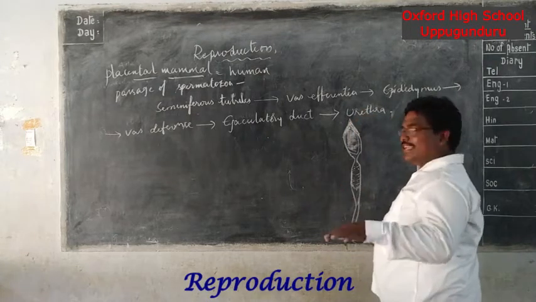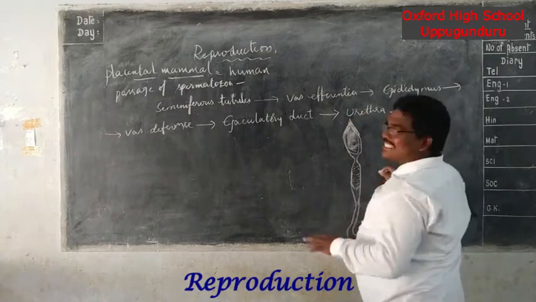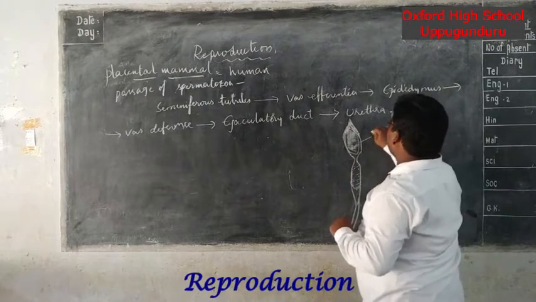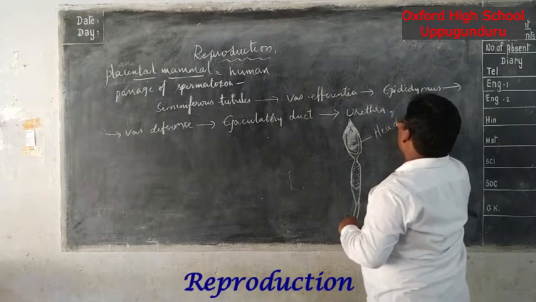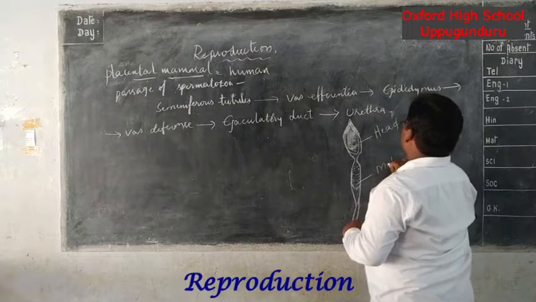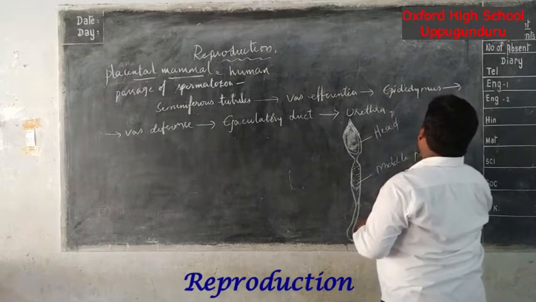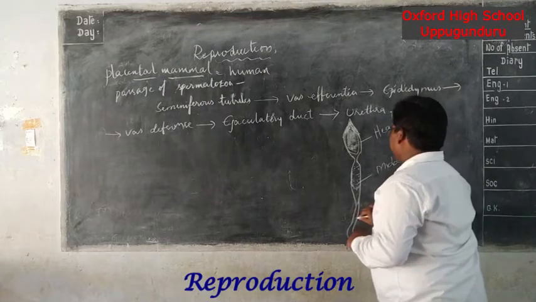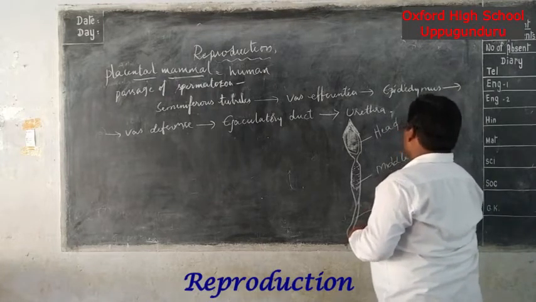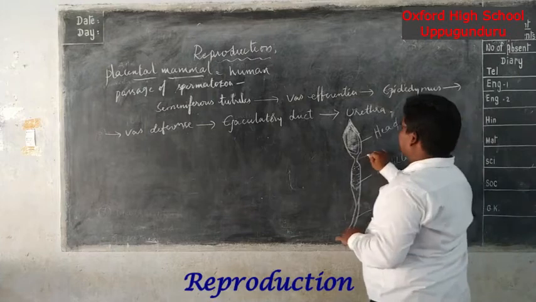Dear students, see here the structure of the sperm. The structure of the sperm has mainly three parts. One is the head, the middle piece, and the tail. These are the main parts.